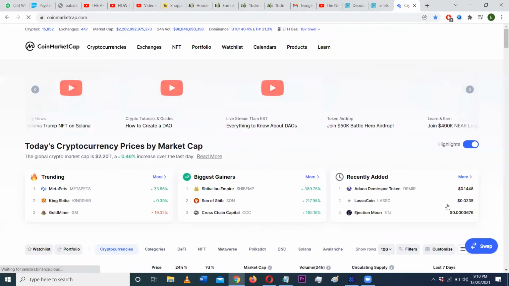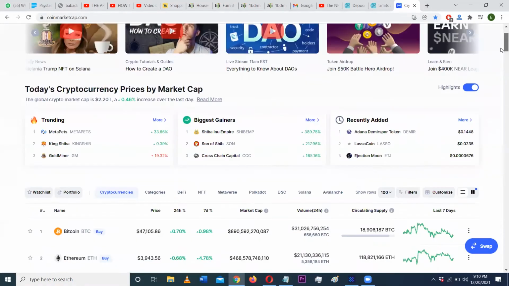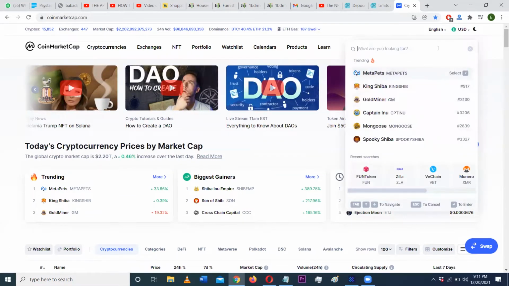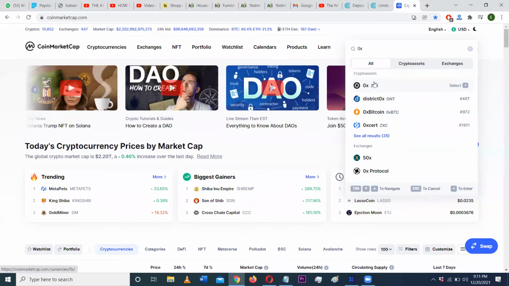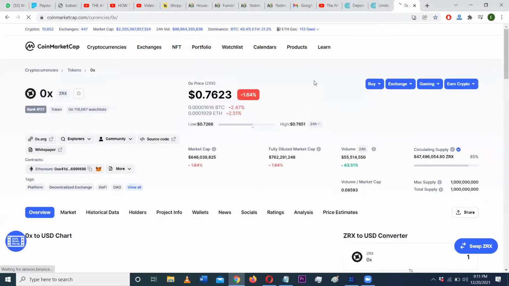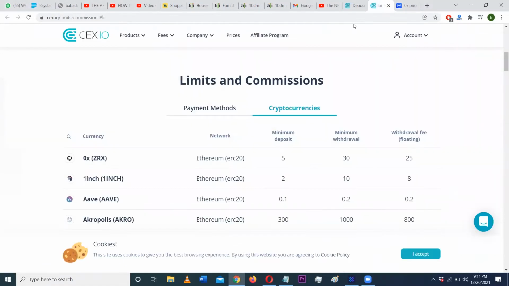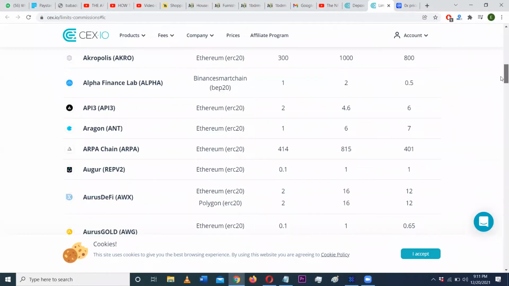Let me see. There's CoinMarketCap. OX is less than $1. So if 25 of it is taken every time you withdraw, then about $25 is gone. So you shouldn't withdraw it unless, let's check another currency.